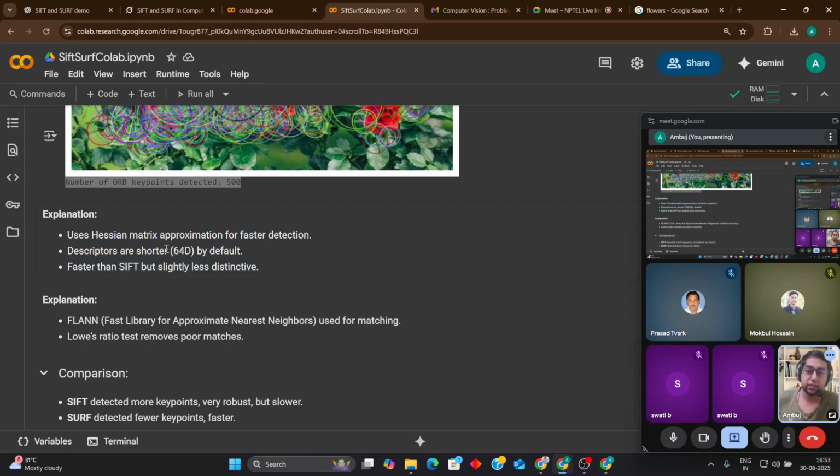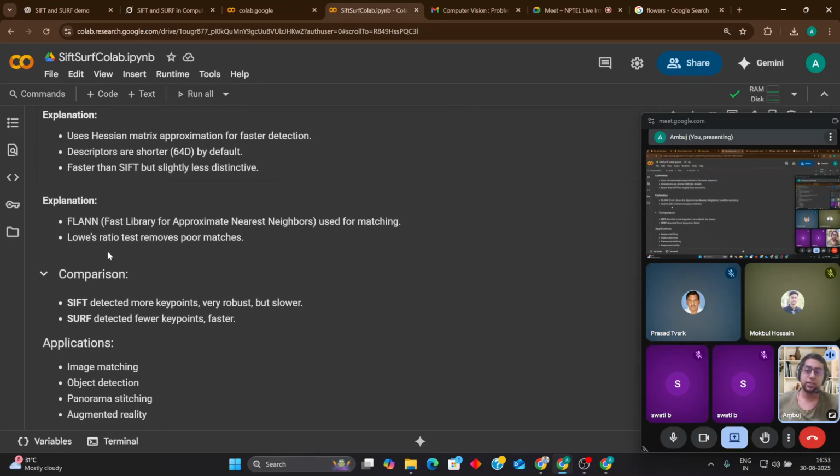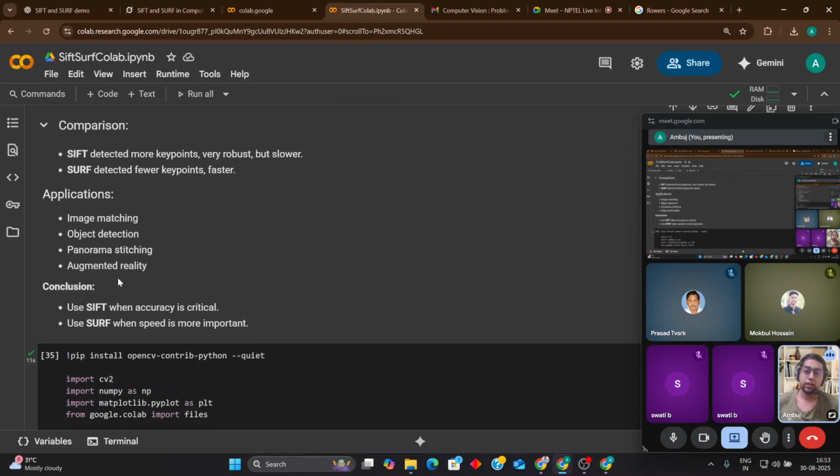It has a very short 64 dimensional descriptor. Fast convergence is there, and Fast Library for Approximate Nearest Neighbors is used here for matching. Then you can compare, in case of your augmented reality, for your panorama stitching. Panorama stitching is nothing but your 3D reconstruction.